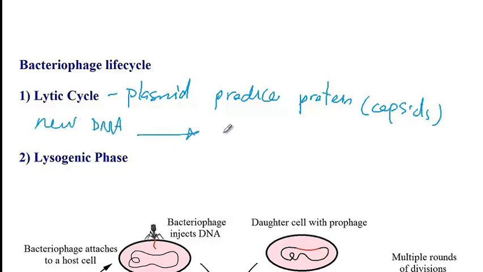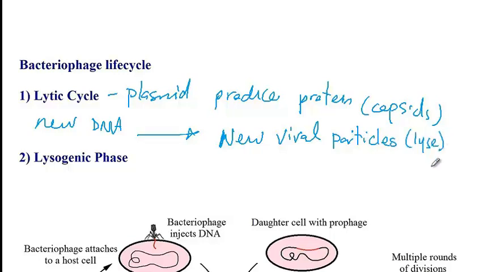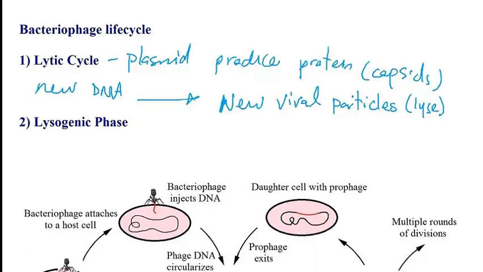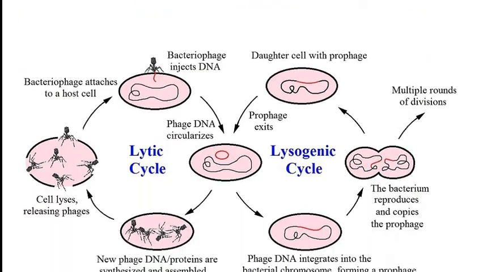And once these are assembled together, there would be new viral particles that will break open, or in other words, lyse the cell. And these viruses can now go and infect more bacterial cells. That's why this is called a lytic cycle, because the cell has lysed, or in other words, has been broken open.